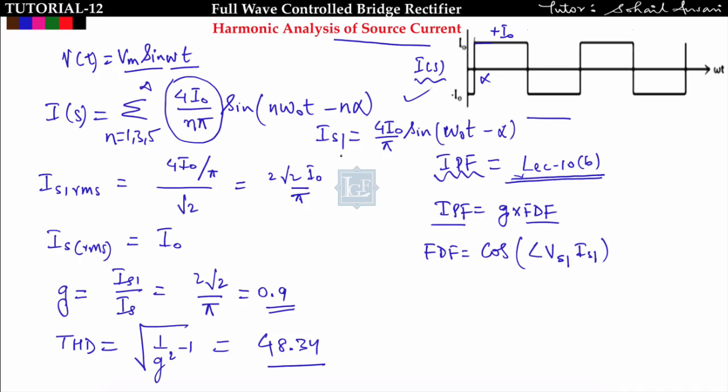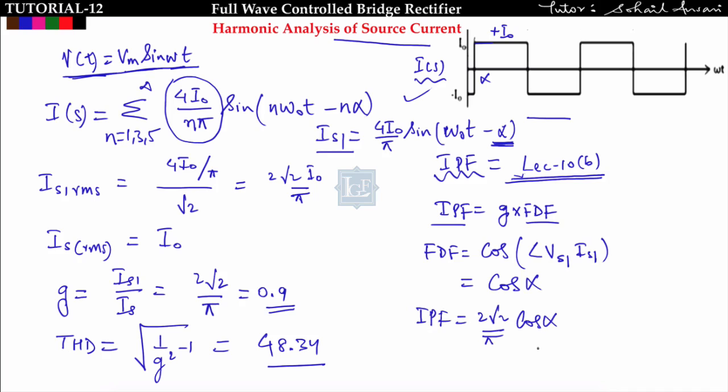So you can see that the angle displacement between the fundamental source voltage and fundamental source current is nothing but alpha. The source current is displaced by an angle of alpha, so the fundamental displacement factor will be cos alpha. So the input power factor is equal to G cos alpha, that is equal to 2 root 2 upon pi into cos alpha.